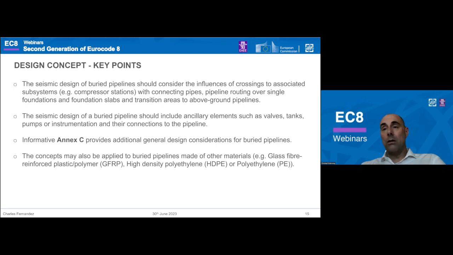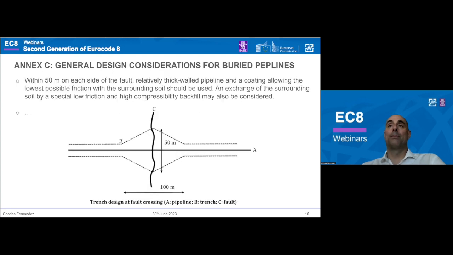Again, we have also here the possibility to apply the concepts to other materials, but as I already mentioned, the alternative materials are not explicitly provided in our Part 4. So here's just one example in Annex C.